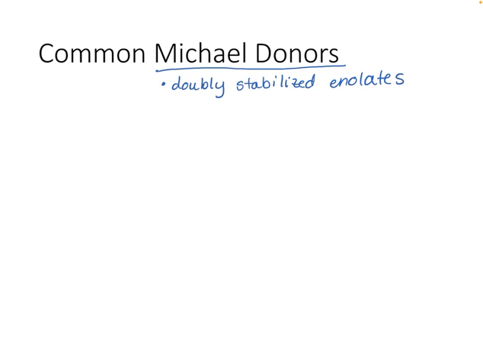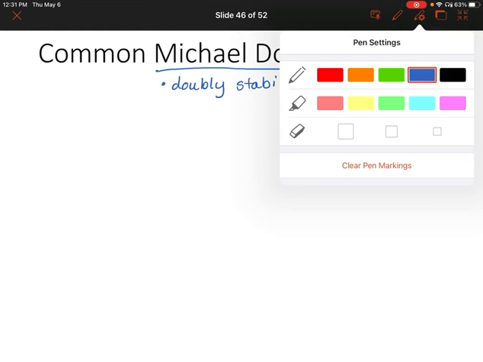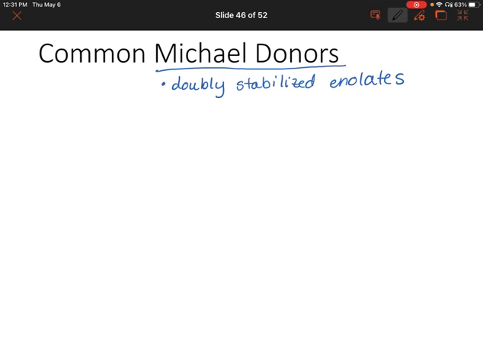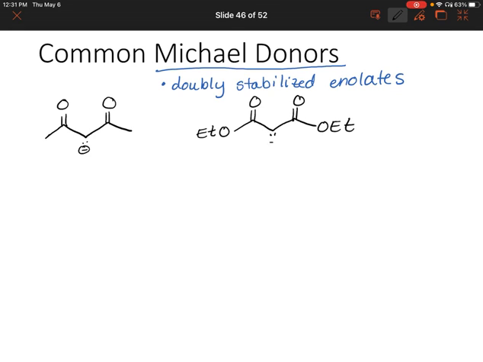So we've got those dicarbonyls. Although there are other forms as well that can be doubly stabilized through resonance. So some common ones would be, for instance, this diketone here that has a negative charge on its central carbon. We could also have diethyl malonate that we saw before. And we've just got a negative charge on that central carbon.